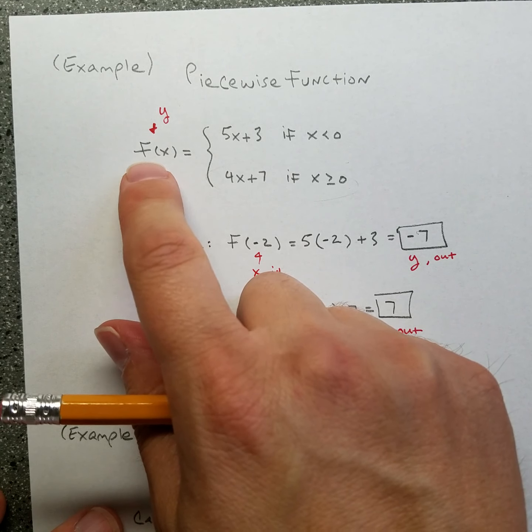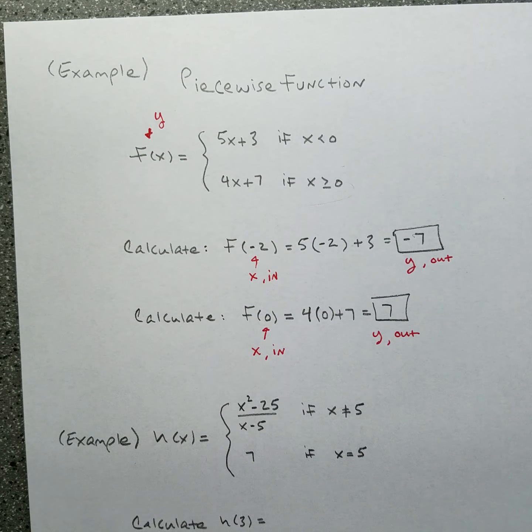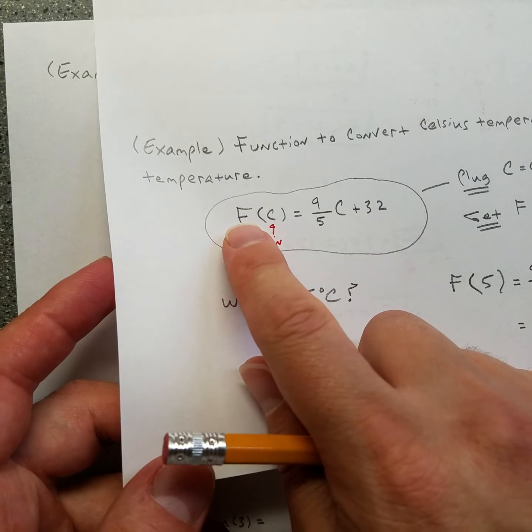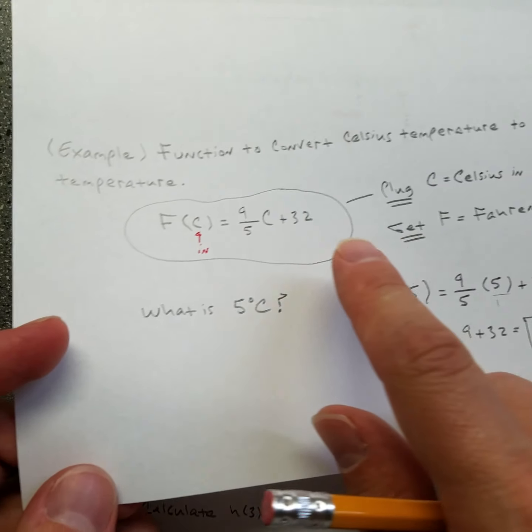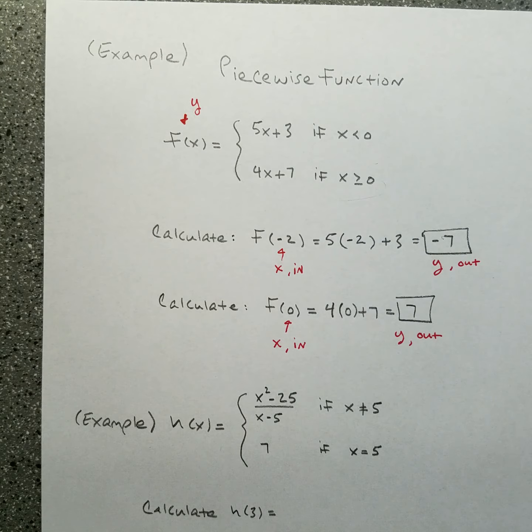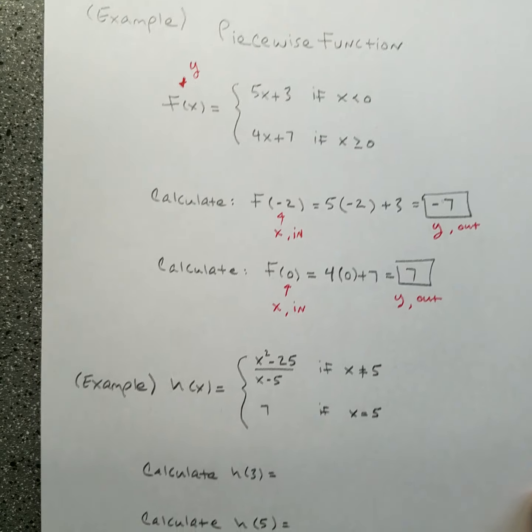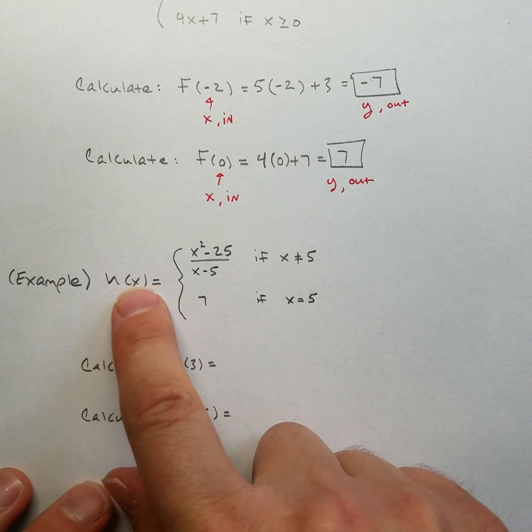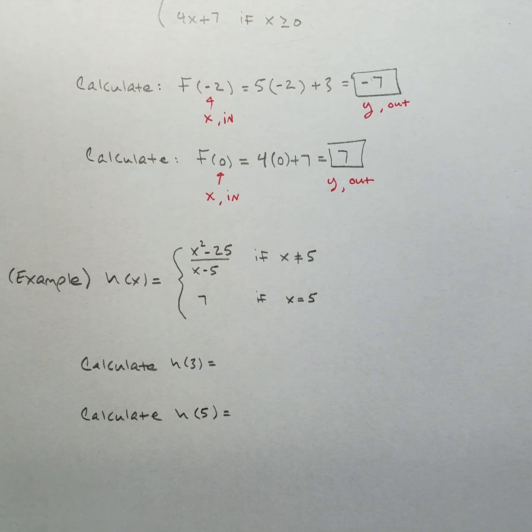Like f of x is a normal name that we give a function, but it doesn't have to be just like that. Earlier, capital F stood for Fahrenheit temperature, and the C stood for Celsius. So you can use whatever letters of the alphabet you want. This function's called h of x, but that doesn't really matter. That's not going to get in the way.